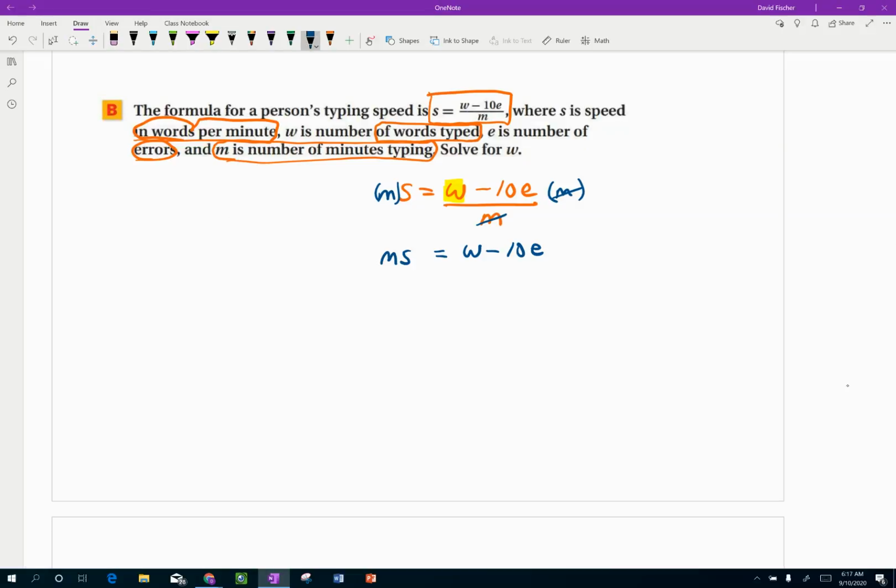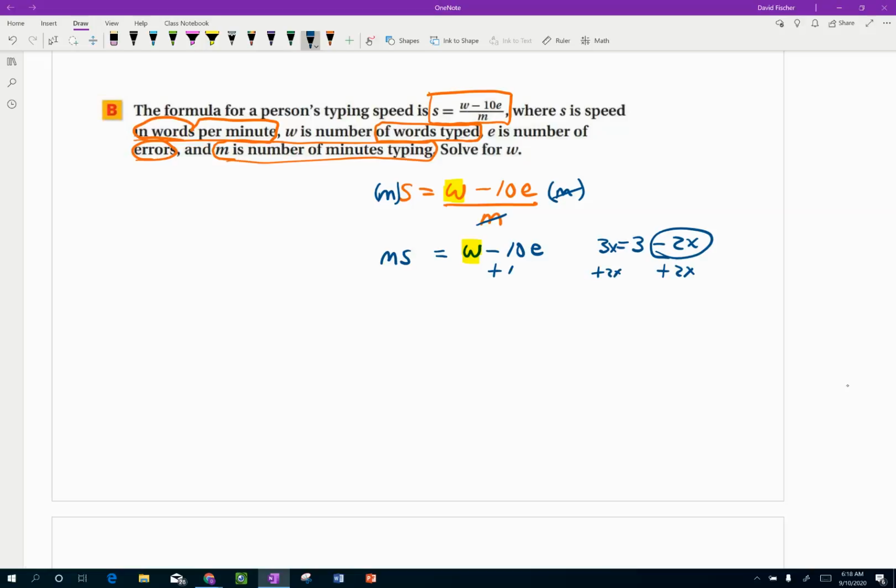Now I need to get rid of this 10E's because again, I'm looking for this W here to get by itself. So now it would be no different than if I said this. If I said 3 minus 2x, and on this side I had 3 x's, and I said, let's get rid of these x's. Wouldn't we add 2 x's to both sides? So it's no different here.